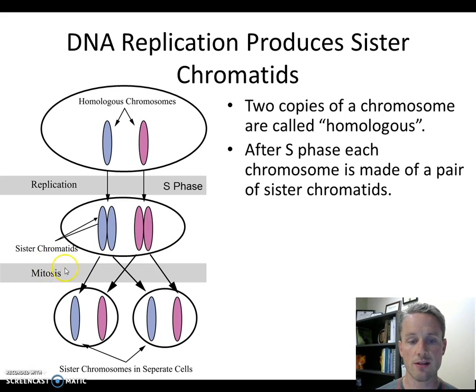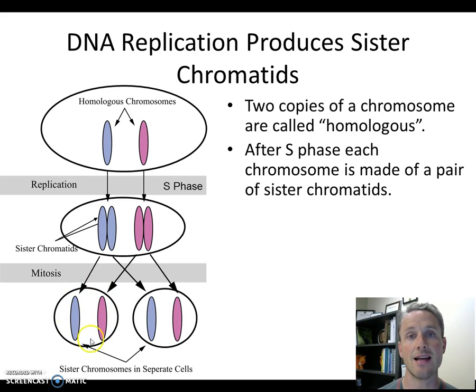As we go through the steps of mitosis, we're going to see that mitosis separates these sister chromatids into opposite cells. Each cell that we make during mitosis will get one of the sister chromatids. And at the end, we'll have 2 cells that each contain 1 sister chromatid of each chromosome, and 2 homologous chromosomes.